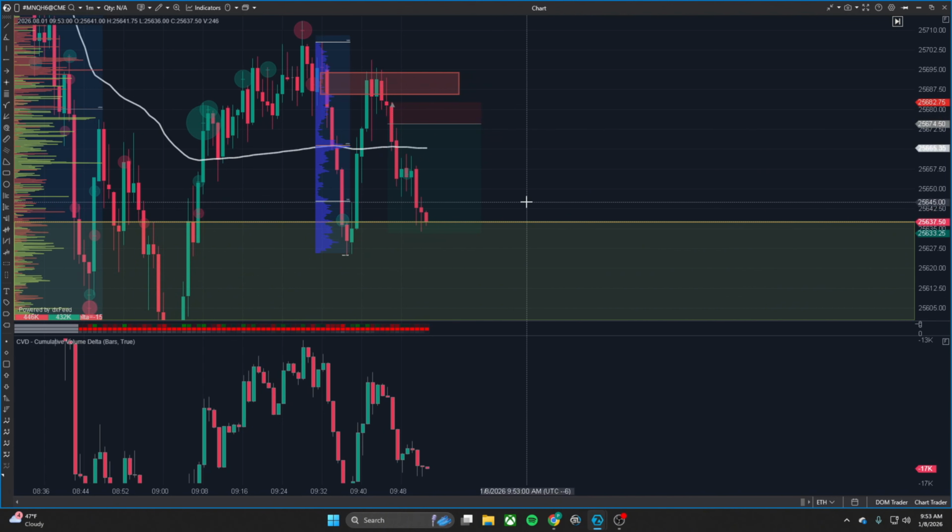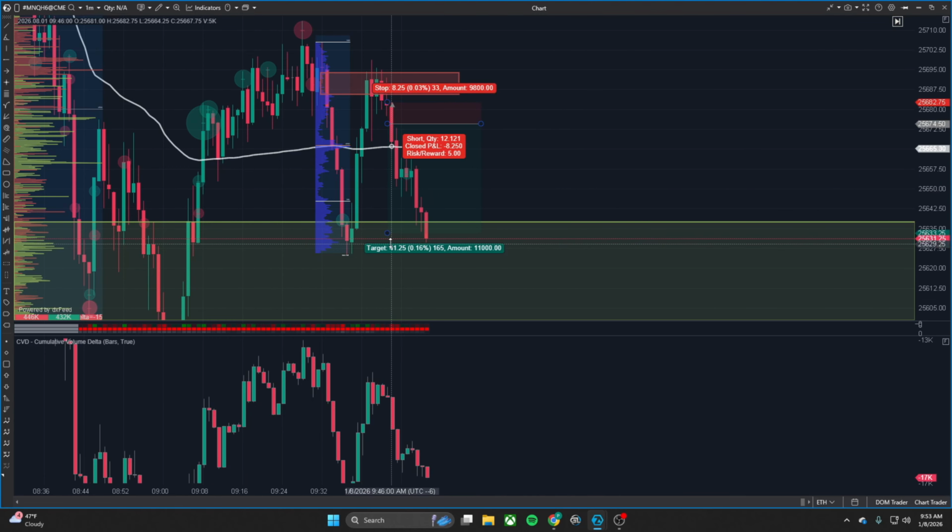Yeah, it's getting hit here for sure. Just need to see this red get lower, get some aggression. Red's getting lower. Boom, got hit. Alright, so there's your 1 to 5.